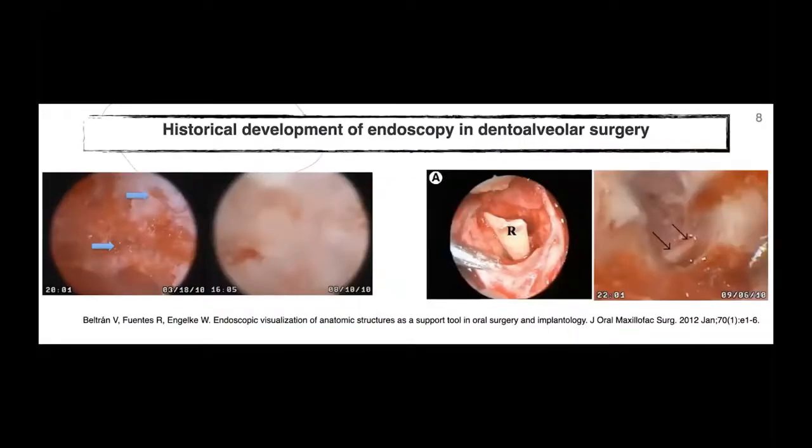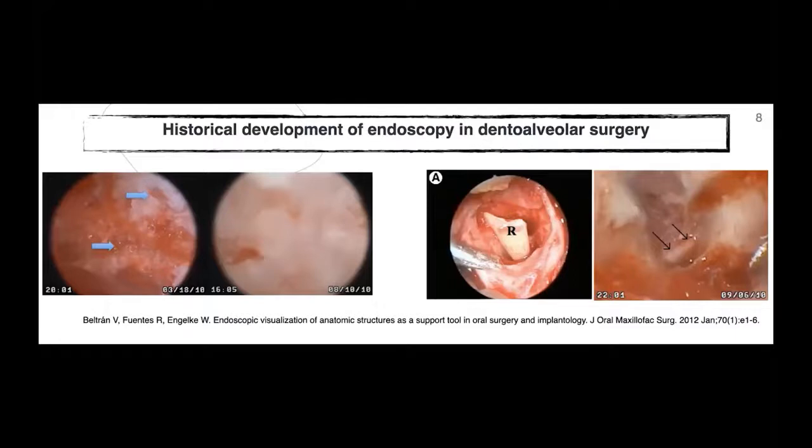With this method, it was possible to detect intraoperative accidents such as floor of mouth perforation and other complications. In 2012, our group published a new approach for the same technique, but establishing a difference between two techniques. First, a super immersion endoscopy technique, which refers to an intraoperative observation at a short distance from the surface, for example, the bone wall, using continuous immersion, which allows for a highly magnified observation of the area of interest, ranging up to 40x, for example.